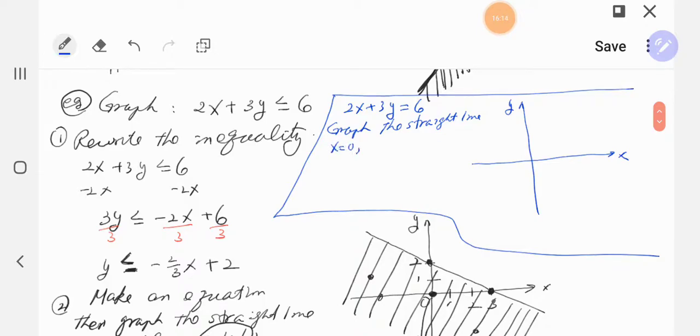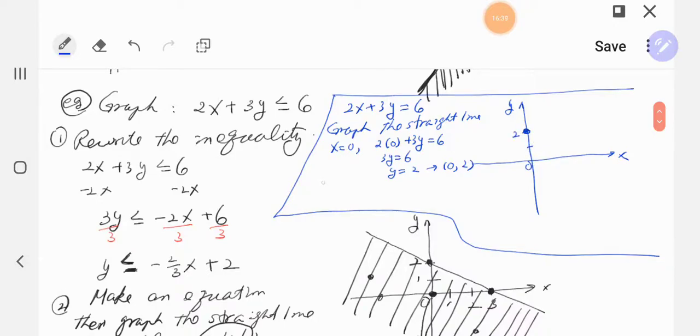Let's plug in x equals 0. Then what happens? x equals 0, then 2 times 0 plus 3y is equal to 6. We want to find 2 points. So 3y is equal to 6. So y is equal to 2, right? So when x equals 0, y is 2.